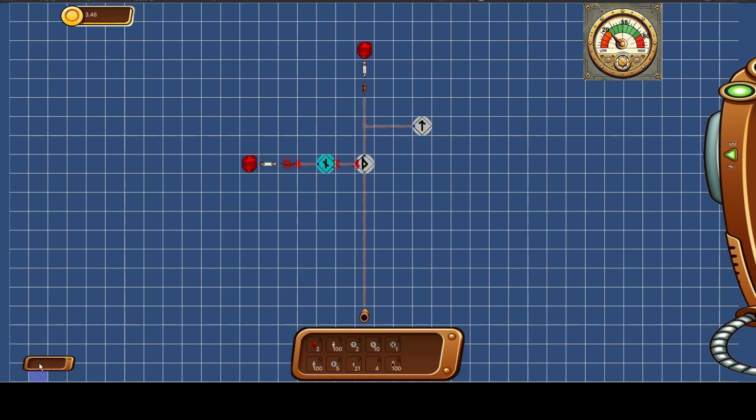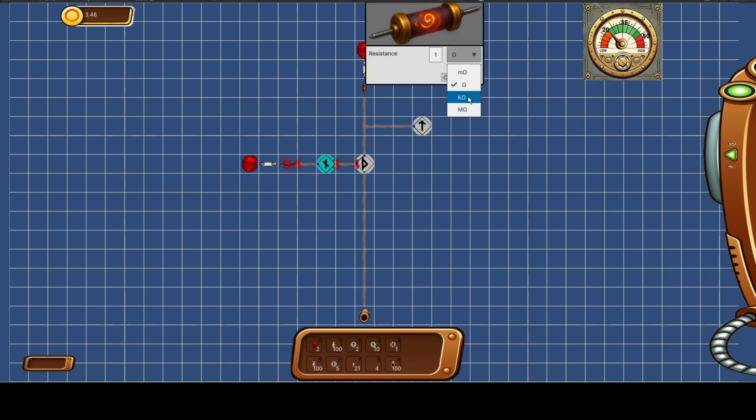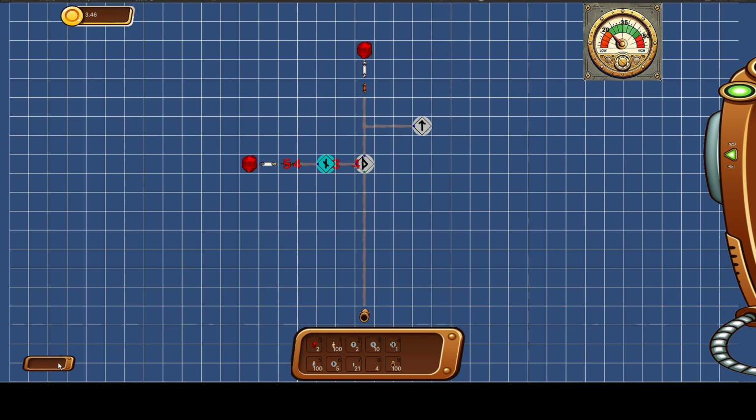But a nice thing about these is you can delete them and just put them right back in. Let's put you back to 1 kilo ohm so we don't blow the fuse again, and let things go. The fuses are made so that they have one point of health. That's all they have.